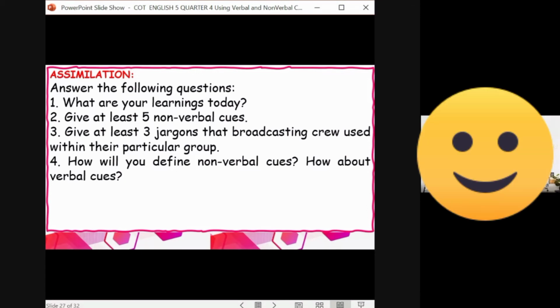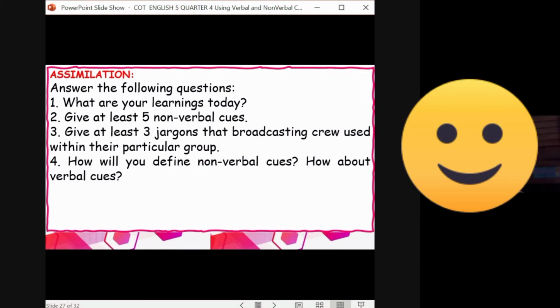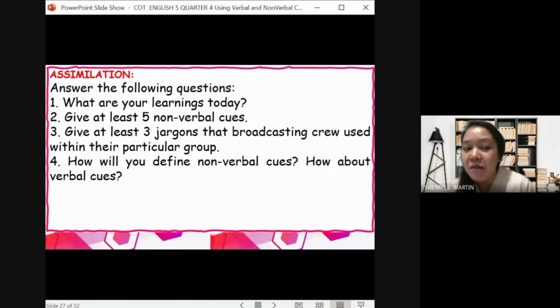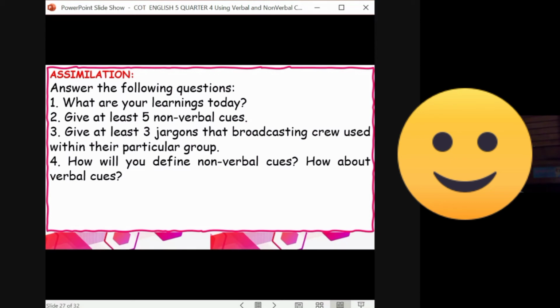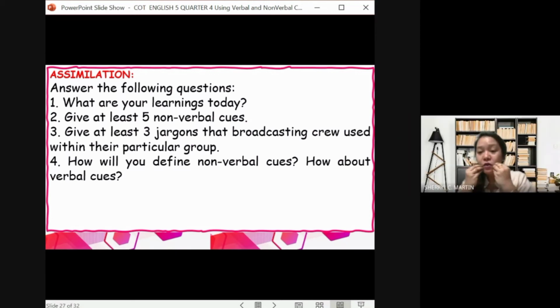Pag sinabing verbal, ano ba 'yon? Ano, anak? Ano ang ibig sabihin ng verbal cues? Sabi ni Kian, ang non-verbal, it has something to do with hand gesture or action. How about verbal cues? Dapat bang sabihin o isalita? Opo. Verbal cues, it has something to do with your what? Speaking skills. Okay, very, very good.